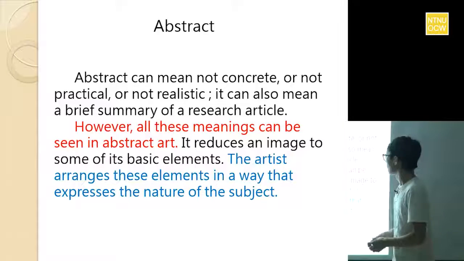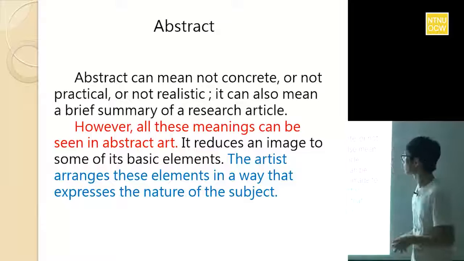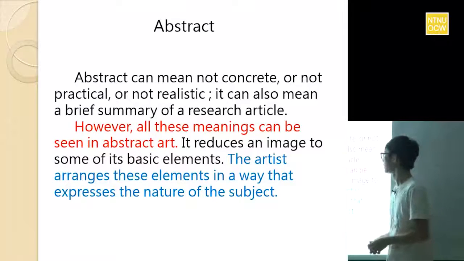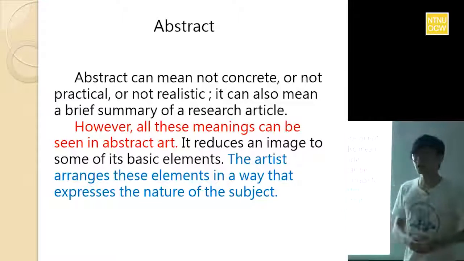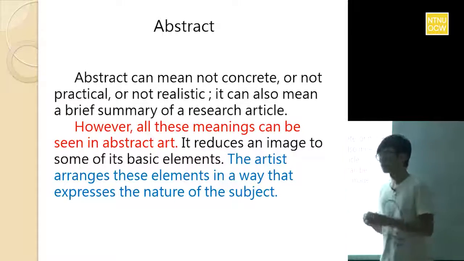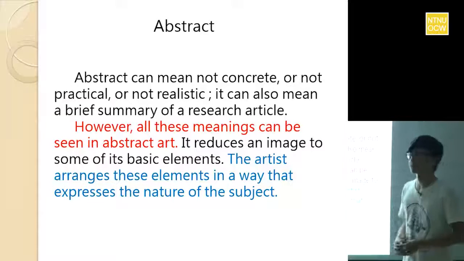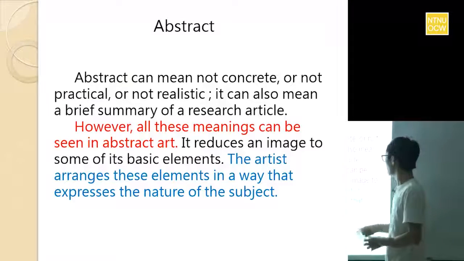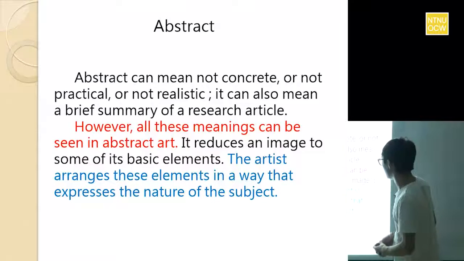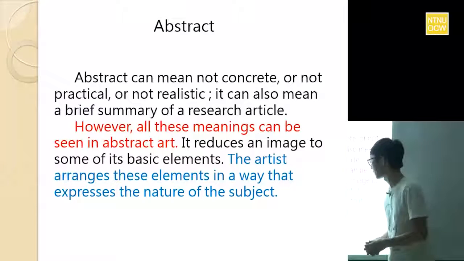It reduces an image to some of its basic elements. The abstract art will simplify many things, and explain the thinking of the artist. The artist arranges those elements in a way that expresses the nature of the subject.